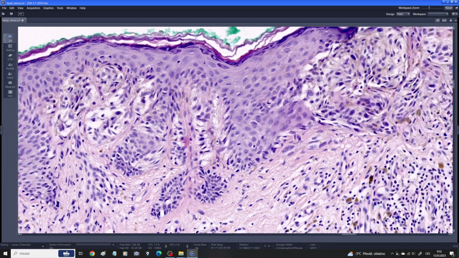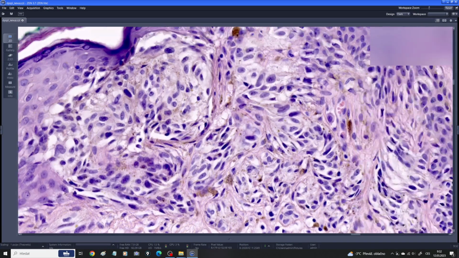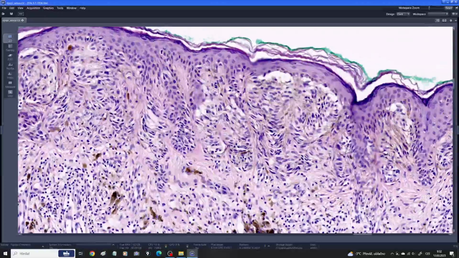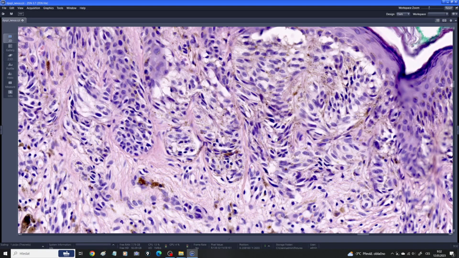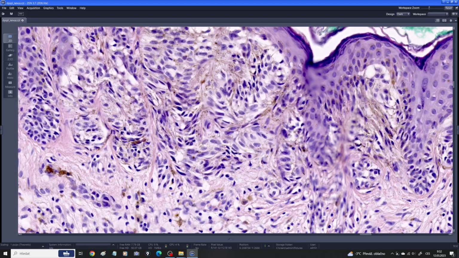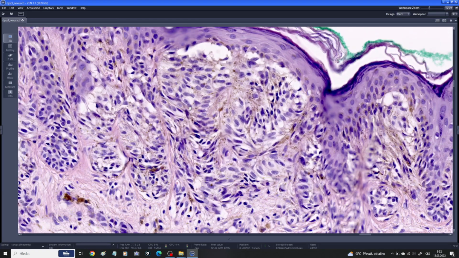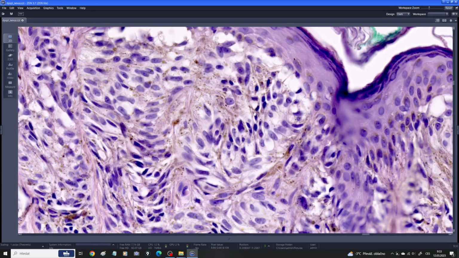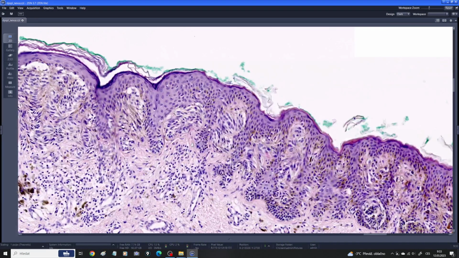So there is some degree of cytological atypia. Very often you can see increased mitotic activity. I cannot find any mitosis right now, but I think we would definitely find some. But you can definitely see some degree of cytological atypia. There is a variation in sizes and shapes of the nuclei. Some of the nuclei are hyperchromatic, so it definitely doesn't look nice.